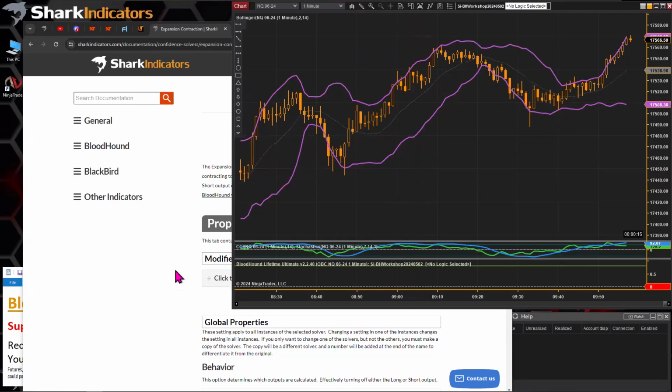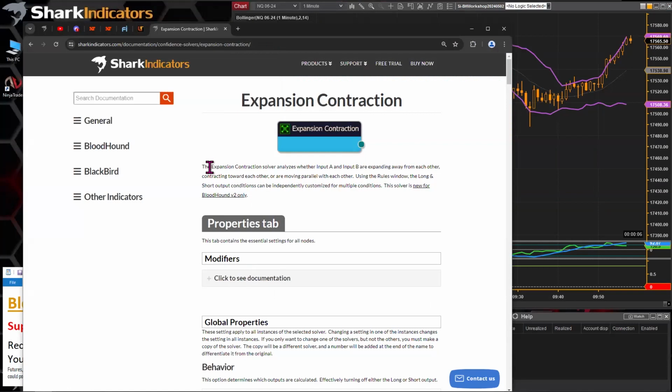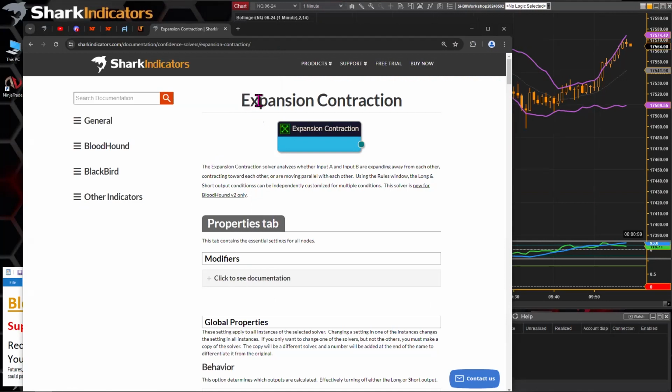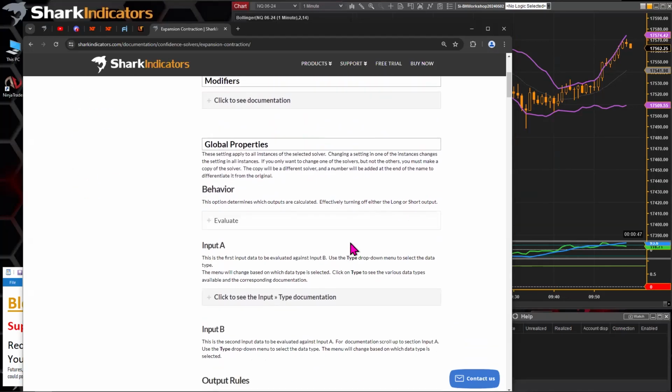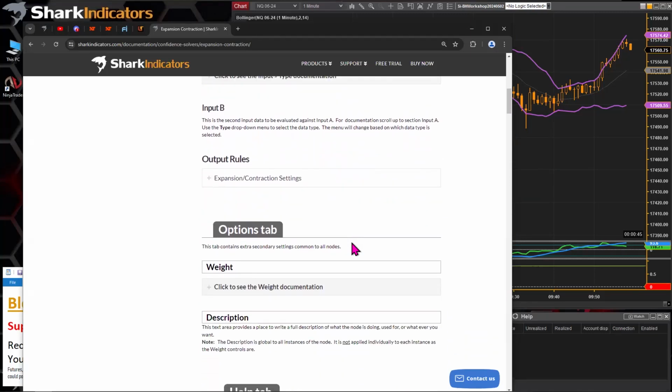So back in BloodHound version 1, there were limited ways that you could do that, but it wasn't perfect. So it's about time that we actually added this new solver. And the name basically says everything that it does. It identifies if two lines are expanding or if two lines are contracting together. And there's really not too many settings for it.